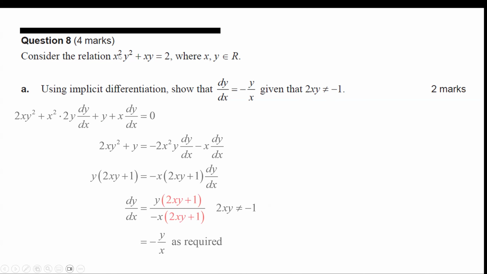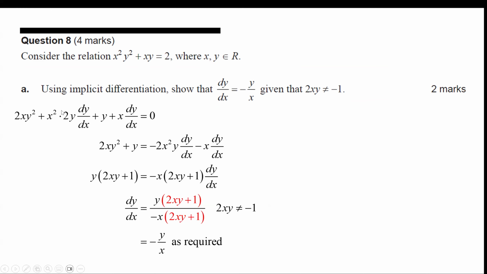But first, you have to use the product and chain rule to get 4 terms. x squared y squared, when differentiated, will give you 2 terms, like 2xy squared plus x squared times 2y dy/dx. Remember, y is an implicit function of x, so the chain rule applies. The next term, xy, gives you 1 times y plus x dy/dx. And the right-hand side must be 0. If your right-hand side is not 0, you are not differentiating a constant correctly.